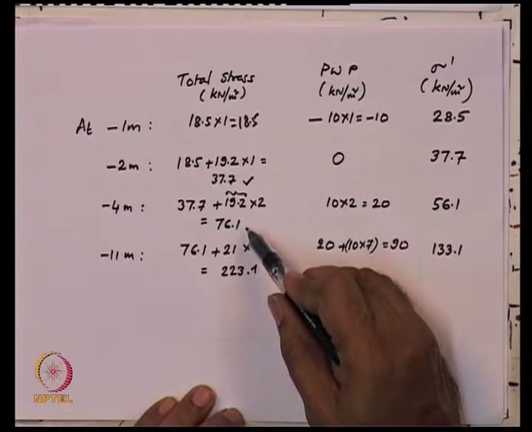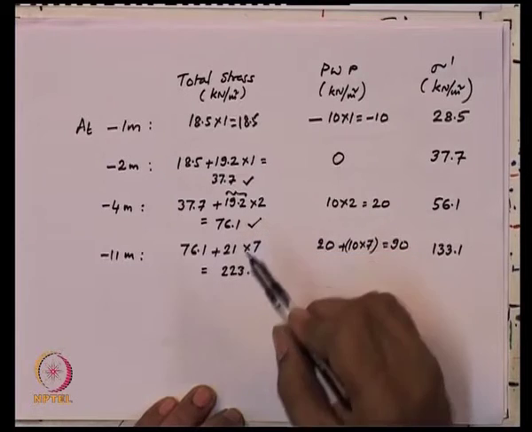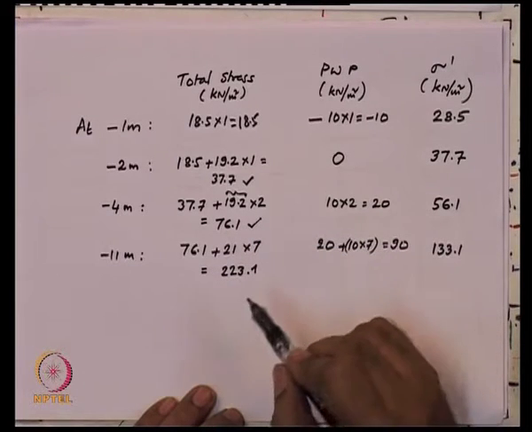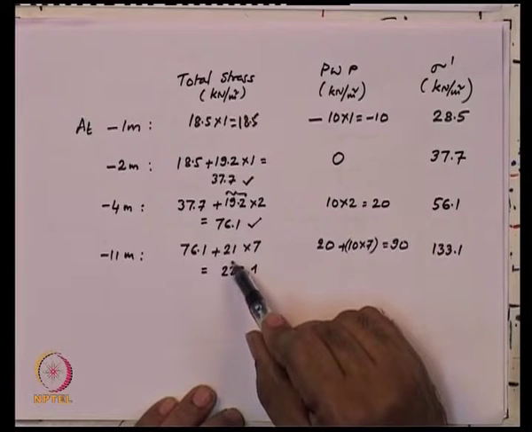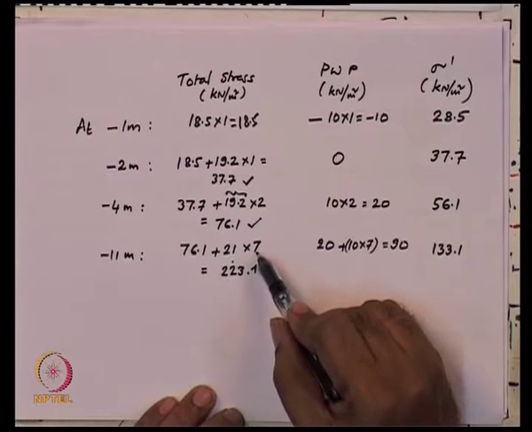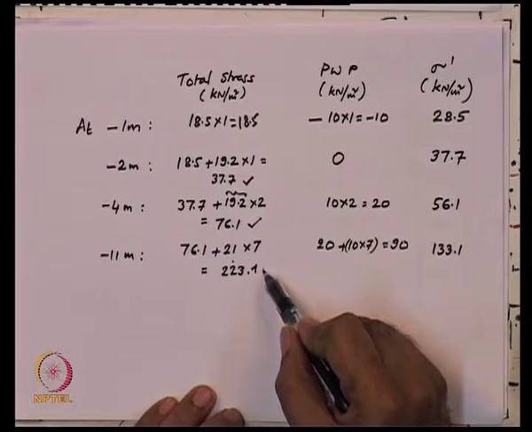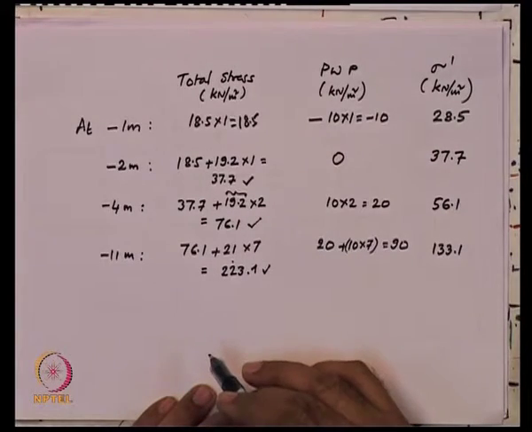With that I get 76.1 kilopascals, or kilonewton per meter square, as the total stress. At -11 meters, it is 76.1 plus 21, the saturated unit weight of the soil given as 21 kilonewton per meter cube, times 7, which comes to 223.1 kilopascals. So at elevation -1 meter, that is 1-1, and at 2-2, 3-3 and 4-4, we have determined the total stresses.